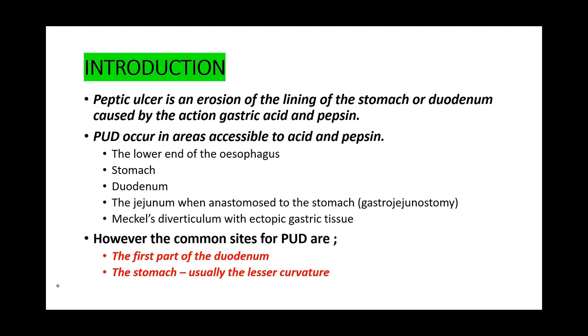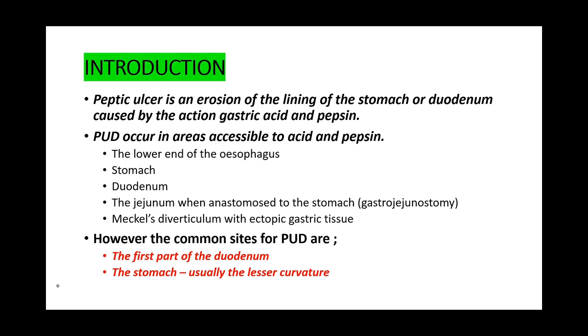Meckel's diverticulum with an ectopic gastric tissue, because the ectopic gastric tissue will produce acid and pepsin. So these are the parts of the bowel that are prone to development of peptic ulcer disease.